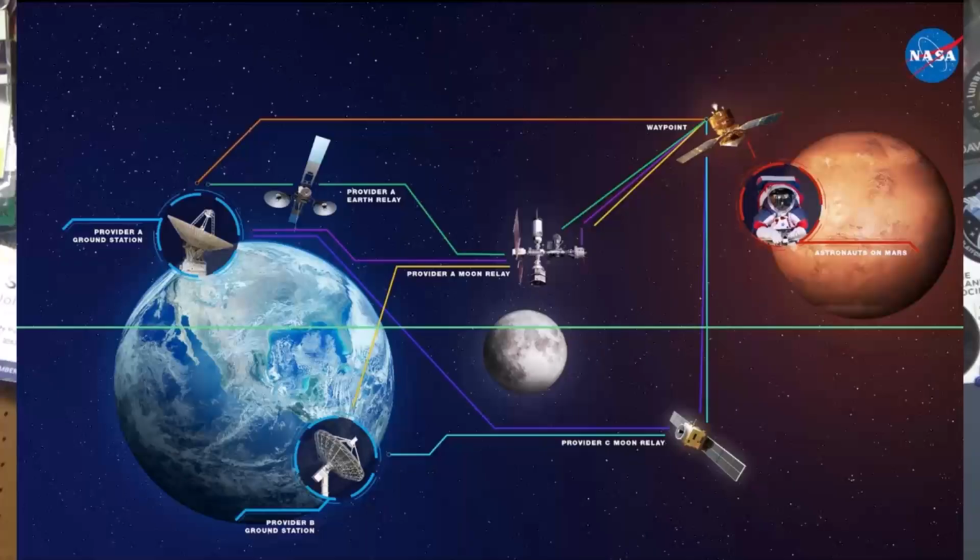So, to give you an overview of how this looks, we're going to zoom out a little bit and first take a look at this diagram provided by NASA that shows the Earth, the Moon, and Mars, and several relay components from various providers. Let us consider that on the Earth, there is the terrestrial internet. This is not expected to change.